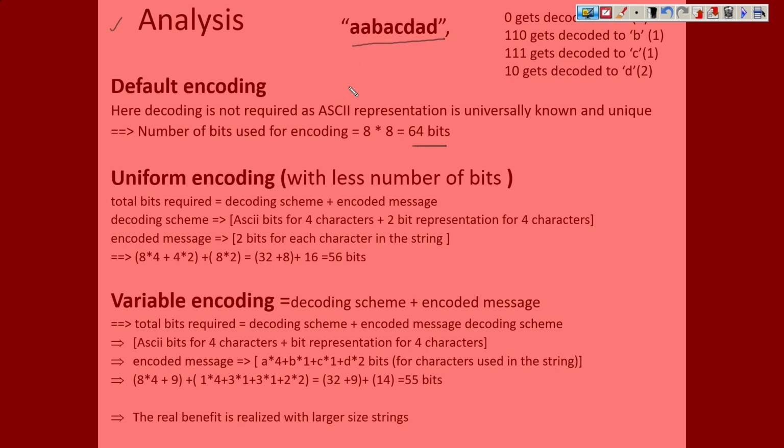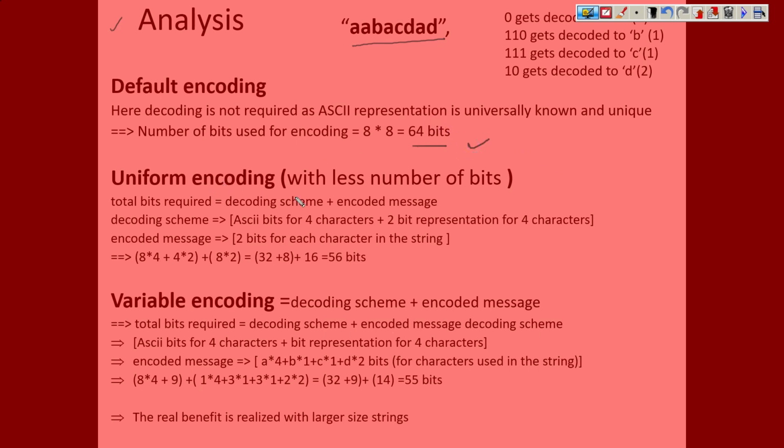We can go with the variable kind of representation, and this will help us to save or reduce the memory size. That is basically called compression. So we have the well known Huffman encoding method, which basically reduces the size of any string or any information by doing a variable length encoding. So now we understood what is default encoding.